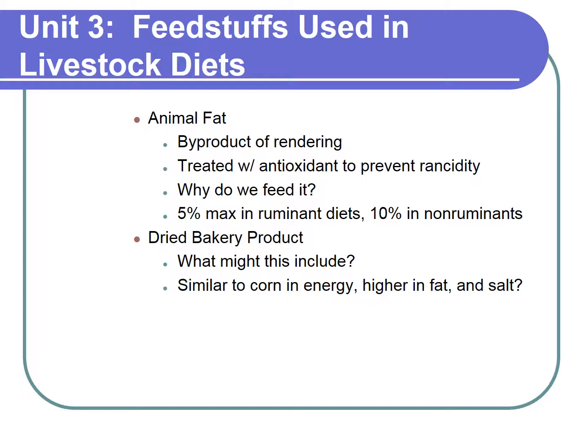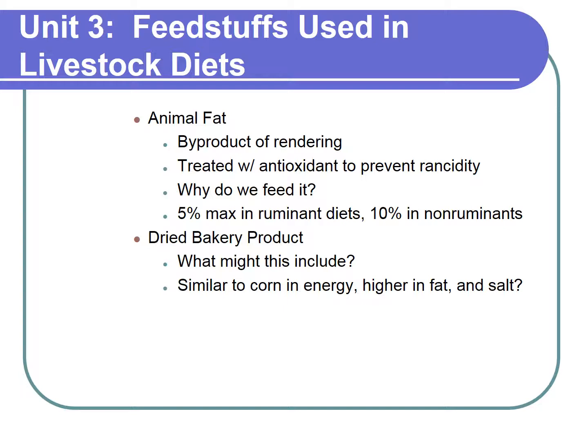The next product there, dried bakery product. I say, what might this include? And I've seen this product a number of times. Sometimes it's donuts and Pop-Tarts, things of that nature that maybe didn't make the cut or weren't mixed quite properly, or maybe went out of condition on the store shelves and they're returned.